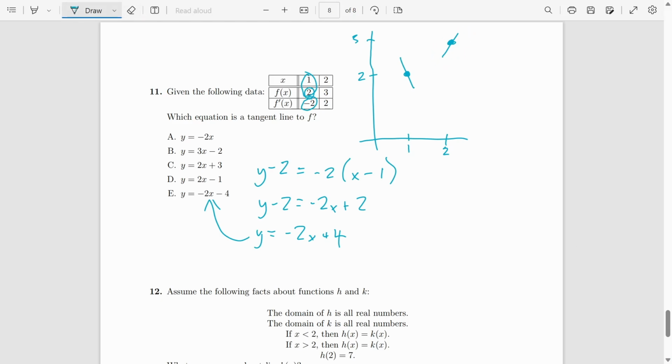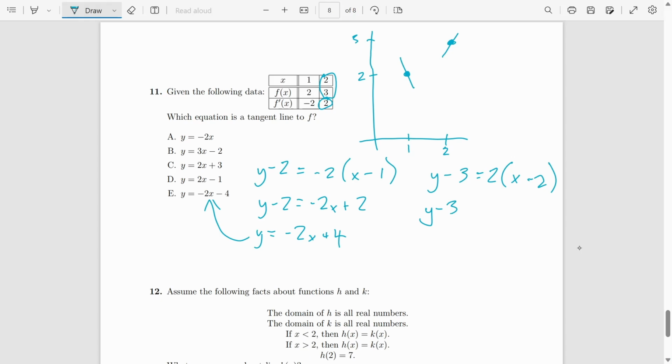So do the same thing, point-slope formula, but for the second set of values, for this point and this slope. So y minus 3 equals the slope 2 times x minus 2.